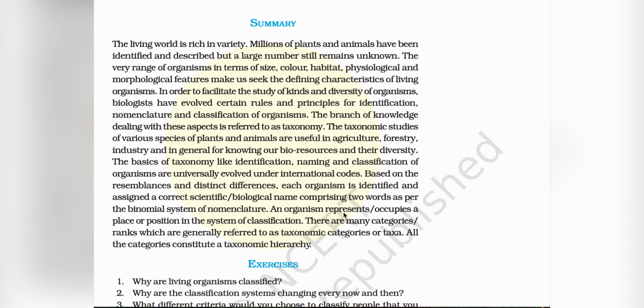An organism represents or occupies a place or position in the system of classification. There are many categories or ranks which are generally referred to as taxonomic categories or taxa. All the categories constitute a taxonomic hierarchy.